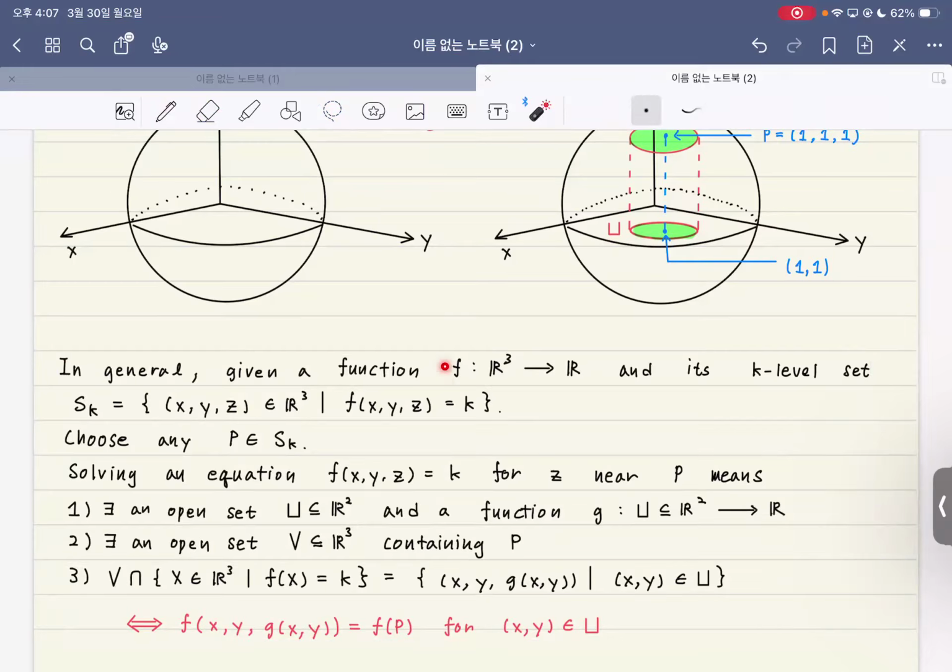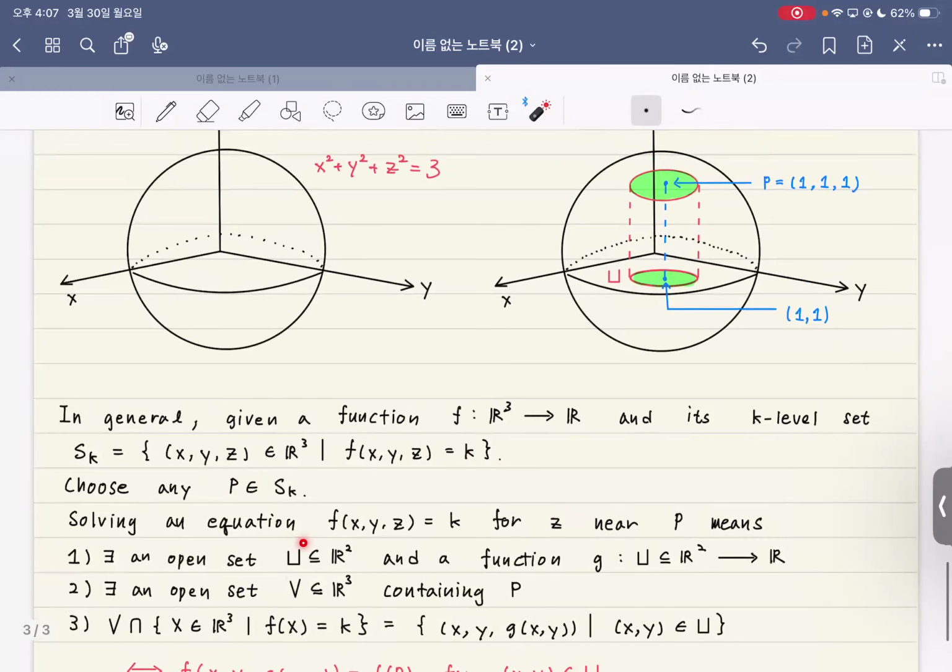Suppose that a function is given and the level set has been defined. So this is the equation, and suppose that I want to solve this equation for the letter z around some point of this level set. In order to do that, first I will need to fix some point P in this level set. Solving this equation for z near P means you must be able to find some open set U. In this picture, this is my open set U, a subset of R2.